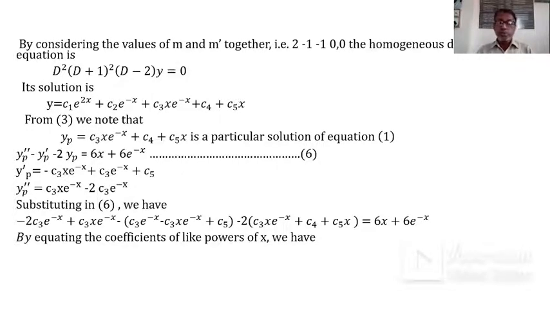And the roots of this homogeneous differential equation are 2, minus 1, minus 1, 0, 0. The first two roots are roots of the auxiliary equation.